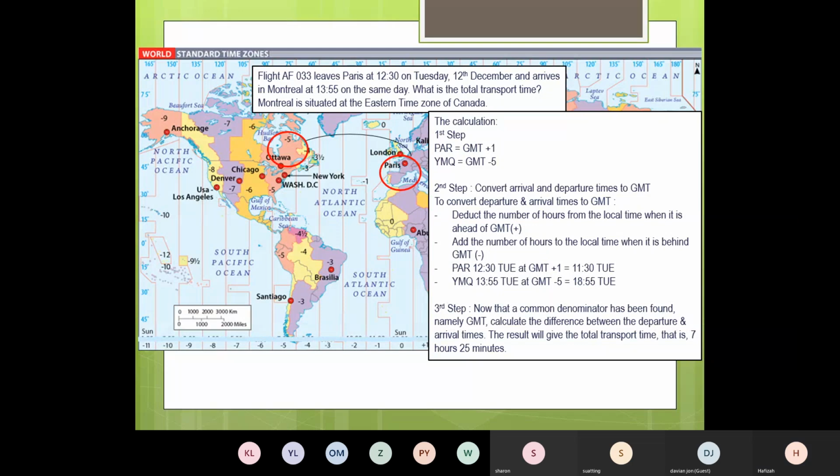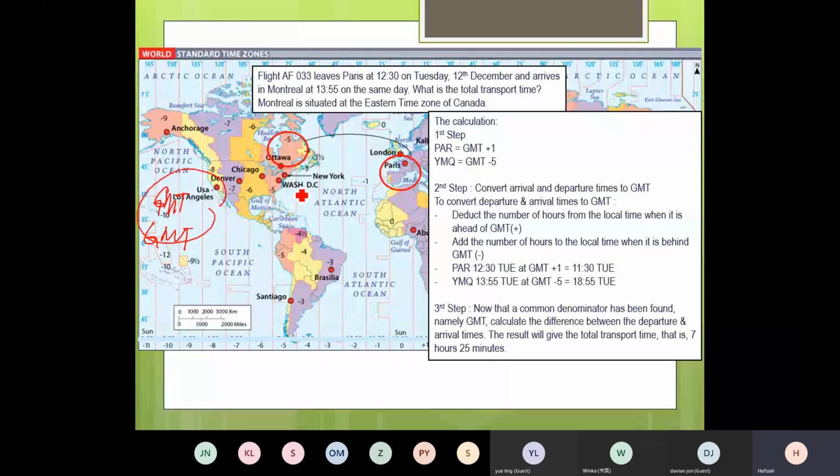Is it clear? Just now, we minus the GMT and GMT.